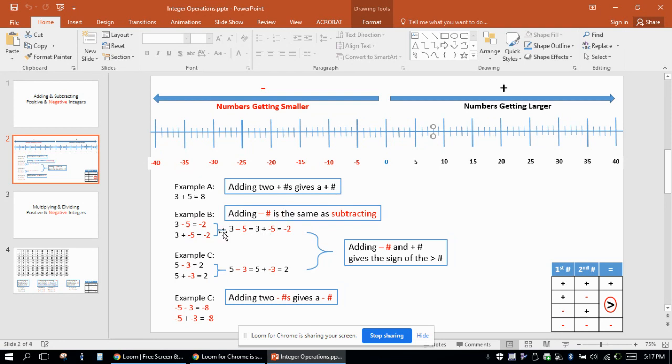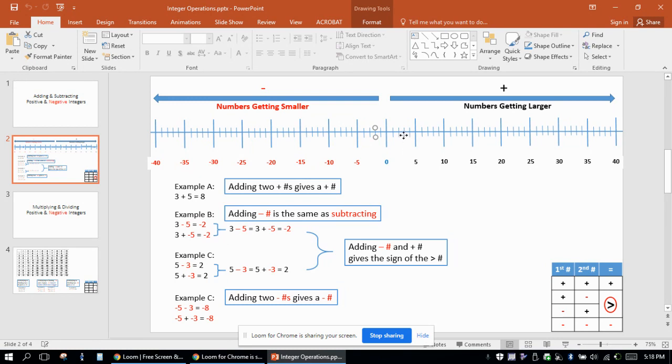The second example says 3 minus 5. So we start again at 3 and we subtract 5, meaning we go to the left 5 steps. 1, 2, 3, 4, 5, and we wound up at negative 2. Let's try that again using this second equation right here.